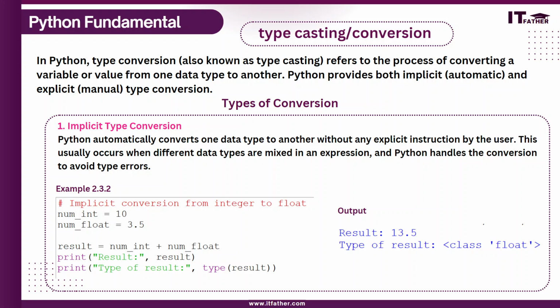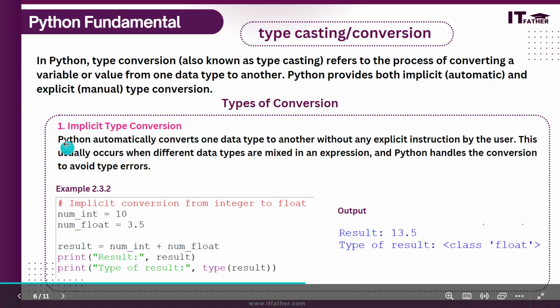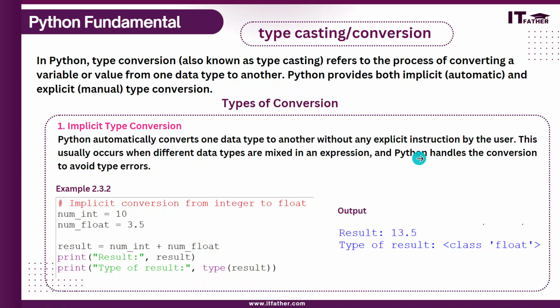Once again, Python provides both implicit, meaning automatic, and explicit, meaning manual. So what is automatic type conversion? Python automatically converts one data type to another without any explicit instruction by the user. You don't need to provide any instruction.